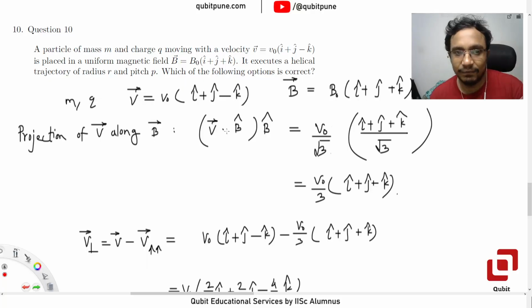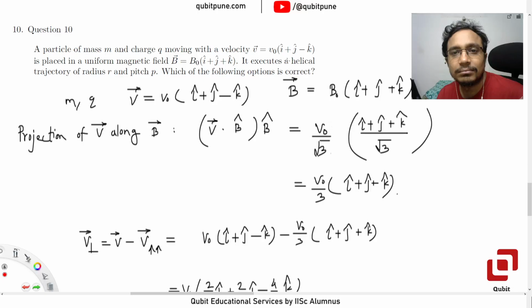That's the standard way we use projections in maths. I just considered the unit vector, which is i plus j plus k by root 3.